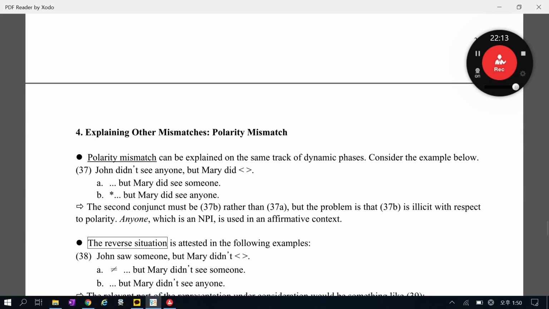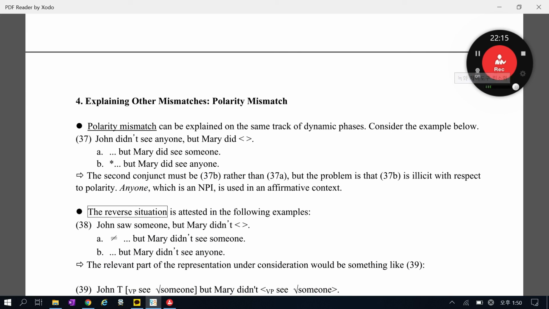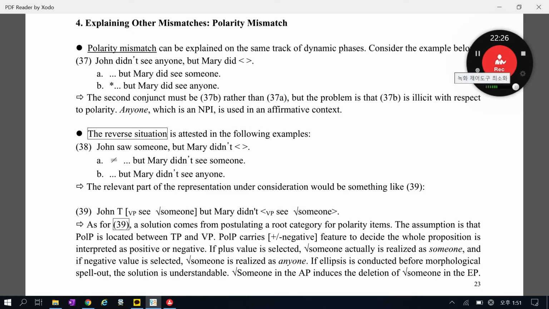Now, section 4 tries to explain the other mismatches, taking a polarity mismatch as an example. A polarity mismatch can be explained on the same track by the dynamic phases. 37 and 38. The reverse situation is given in 38.